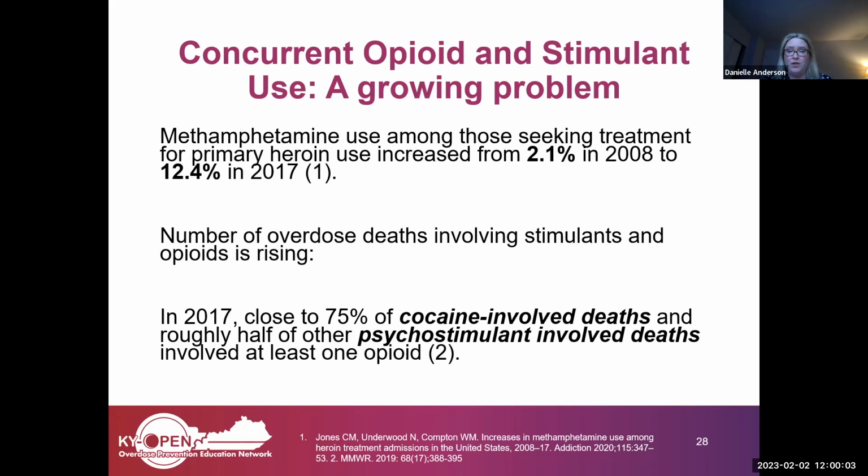The number of overdose deaths involving stimulants and opioids are rising. In 2017, close to 75% of those cocaine-involved deaths and roughly half of the other psychostimulant-involved deaths involved at least one opioid. So again, we're seeing that same trend where people are using both, and it's increasing risk. And we'll take a look at a few studies that demonstrate this.